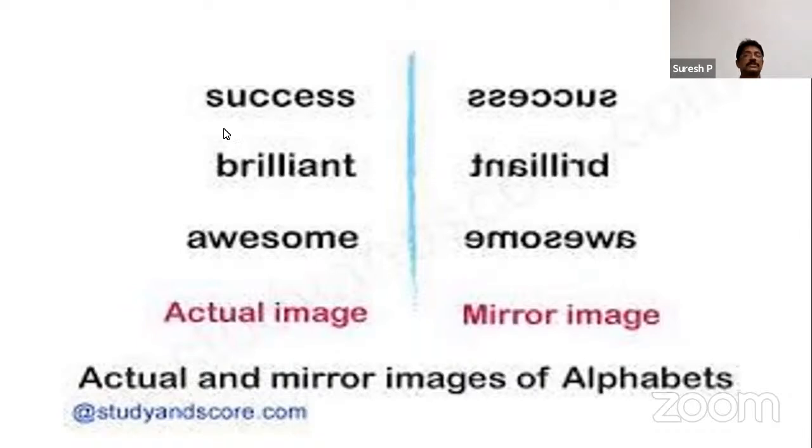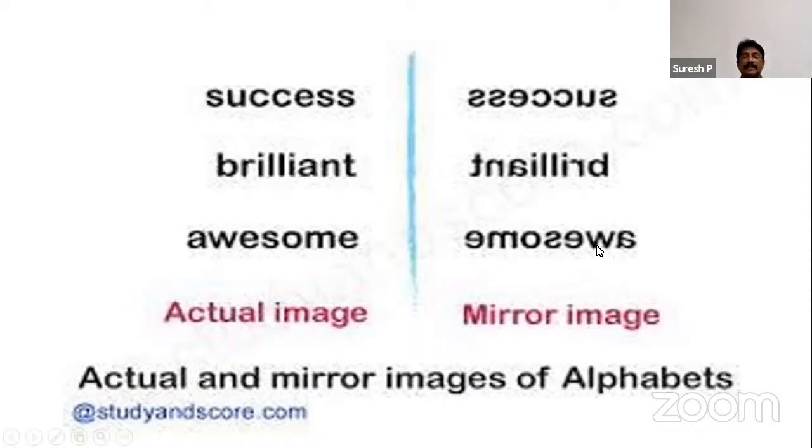So this total should come in this direction. And the word brilliant: B will be like this, T will come here, N will be like this, and S will be here, correct? A will be here, I will be LL, N. Brilliant. And awesome.